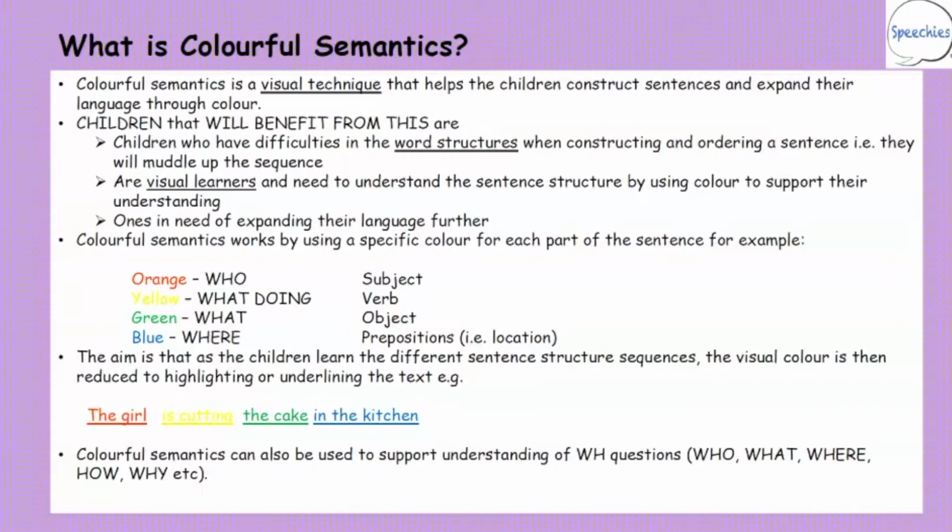The aim is that as the children learn the different sentence structure sequences, the visual colour is then reduced to highlighting or underlining the text. So for instance, the girl is cutting the cake in the kitchen. Colourful Semantics can also be used to support understanding of WH questions: who, what, where, how, and why, but we'll get onto that later.